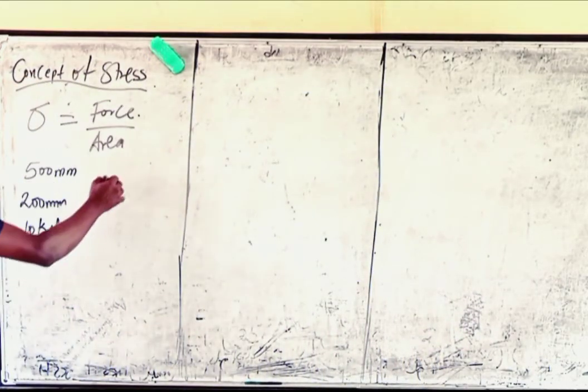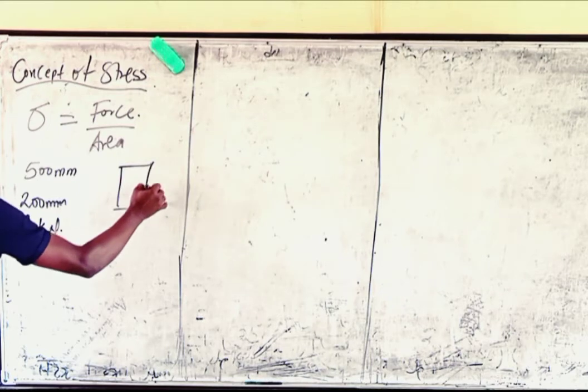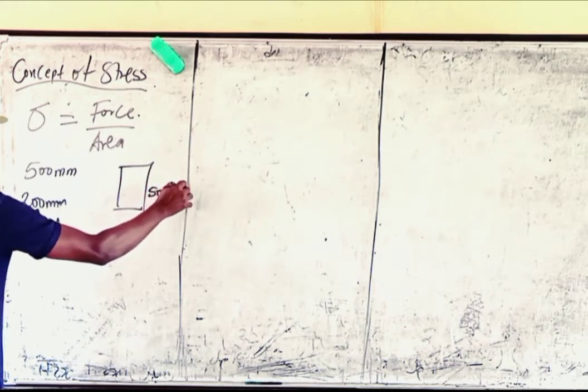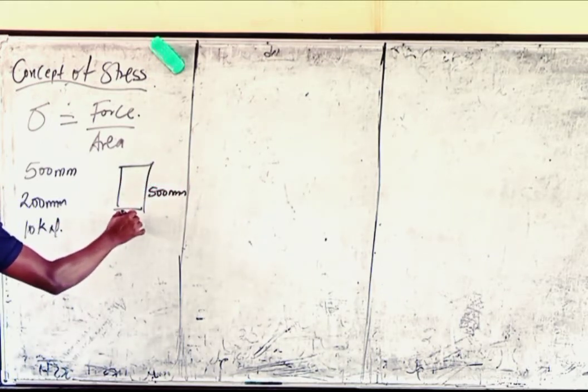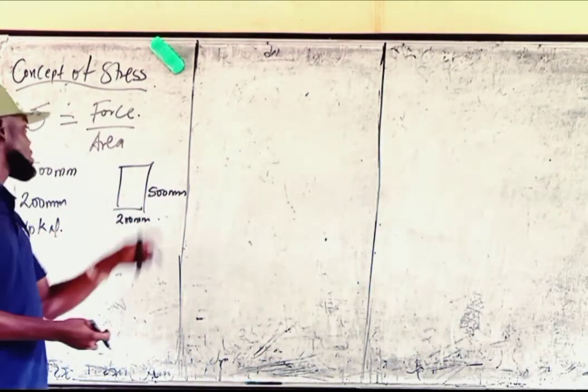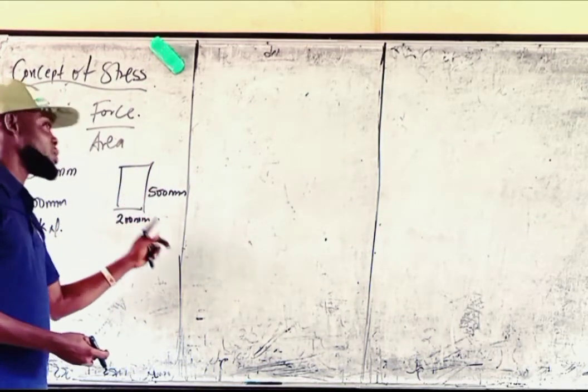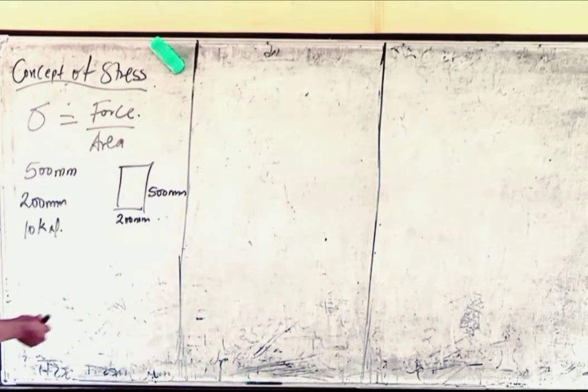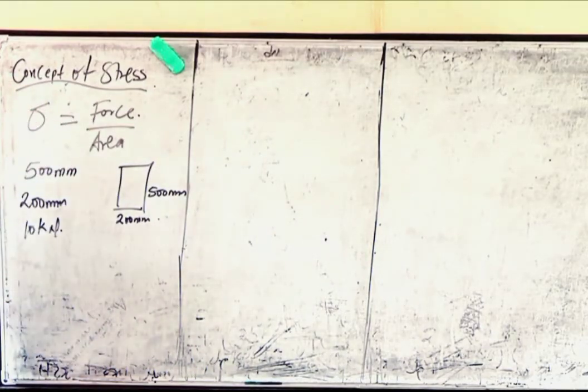So the cross section depth is 500 millimeter, the width is 200 millimeters. You can see it as a cross section: here is the depth, and here is the width. The next thing is to calculate the area. You can treat this as a rectangle.